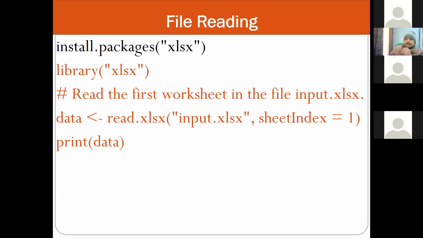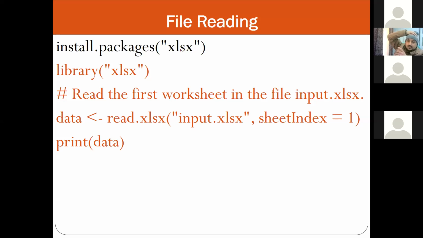Like that, first, because directly we are unable to read the Excel file. A CSV file can be read directly, but in case of the Excel file, you have to install the package, and that package is xlsx. When we install the package, a lot of mirror sites will be shown from which server you want to download.